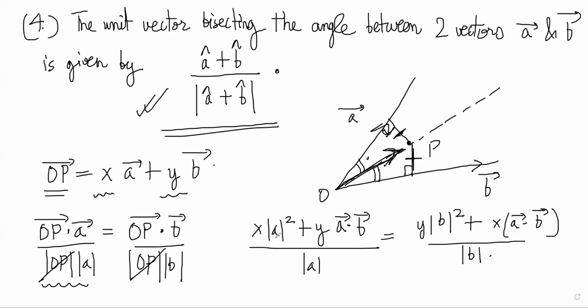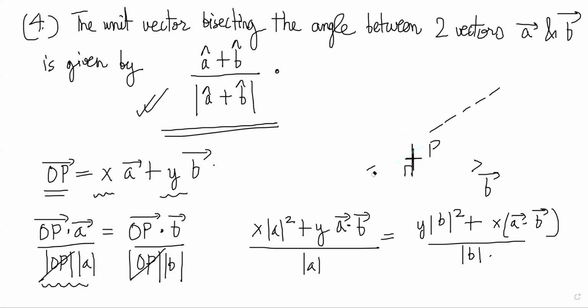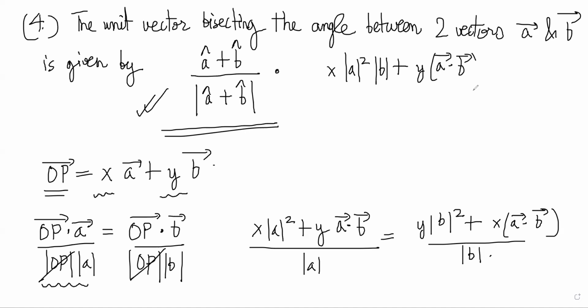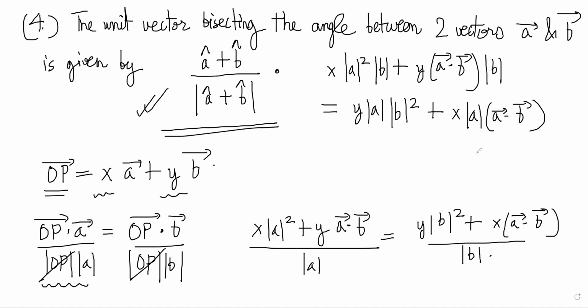So from here, you will be able to show that x is equal to y is the only way this can happen. So how is that? Let's see why. We will be able to do cross multiplication, and we are getting x times mod A squared mod B plus y times A dot B times mod B is equal to y times mod A mod B squared plus x times mod A times A dot B, right?